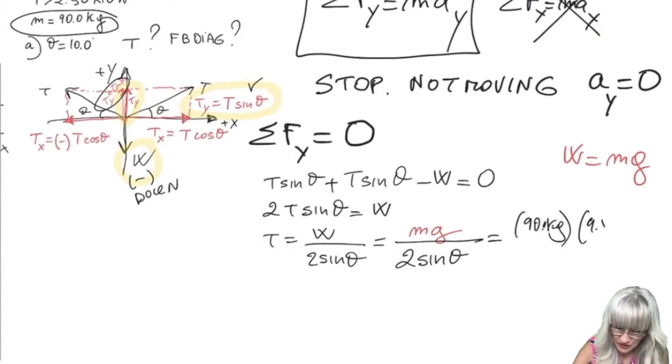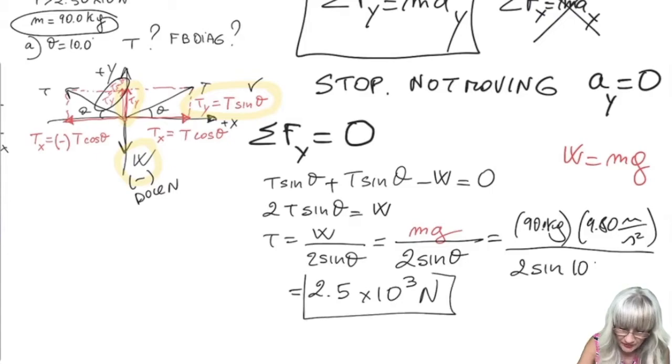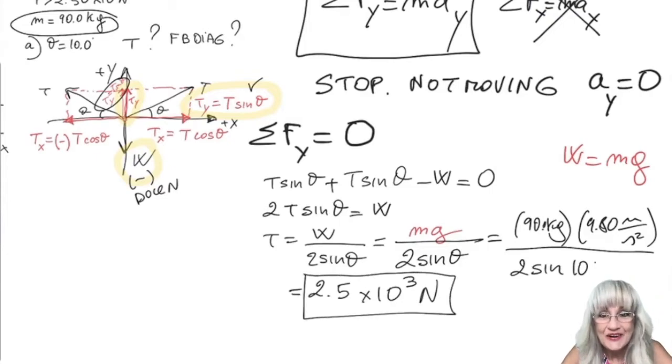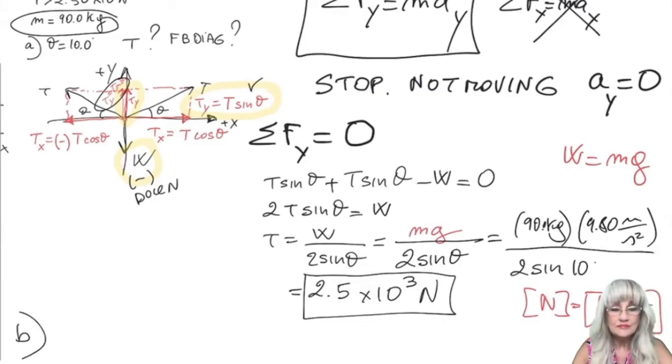Mass times g, absolute value, divided by twice sine, and the angle was 10 degrees. So if you do the math, the tension will be 2.5 newtons. Frame it. Final answer. Quick recall that the newton is nothing else than the kilogram times meter over second squared. Right. Let's move on to part B.